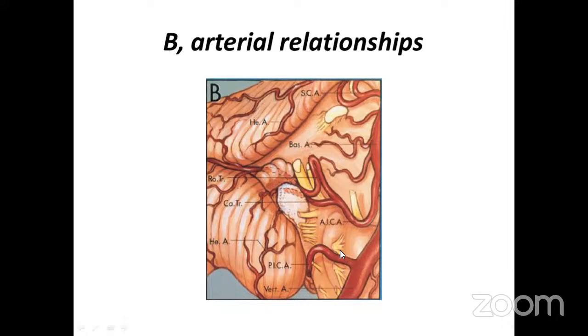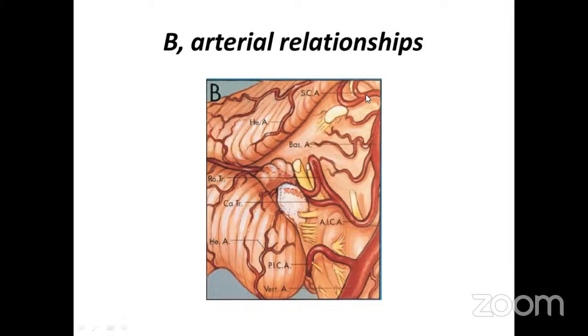It crosses the hypoglossal nerve rootlets and sometimes goes between these rootlets. These are the rootlets of the hypoglossal nerve, and it goes between and below the glossopharyngeal and vagus nerves and then travels down into the cerebellomedullary fissure and into the suboccipital area.